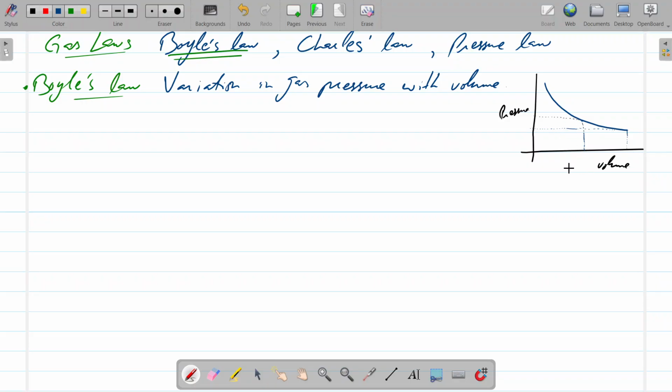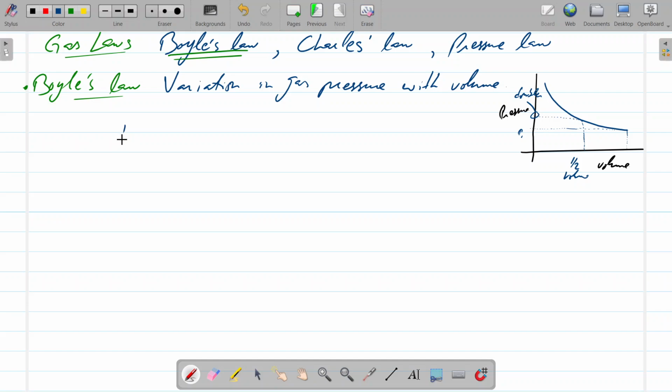Now this isn't very accurate, but if you take half of that volume, what you'll notice is that the pressure over here doubles. And so what we understand from this is that pressure and volume are inversely proportional.